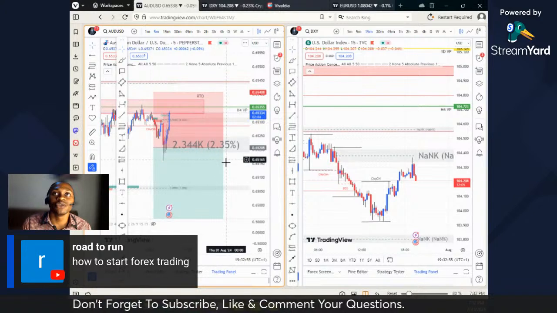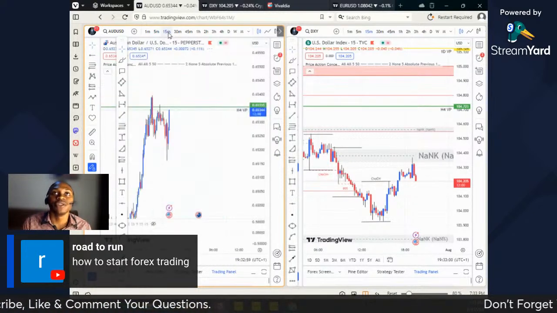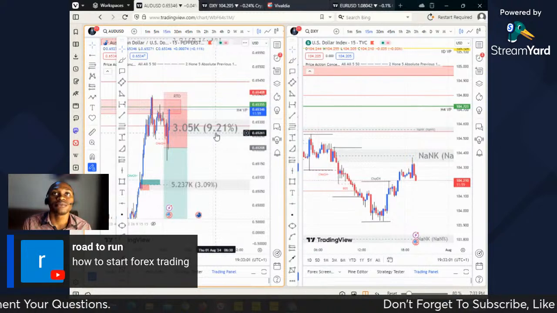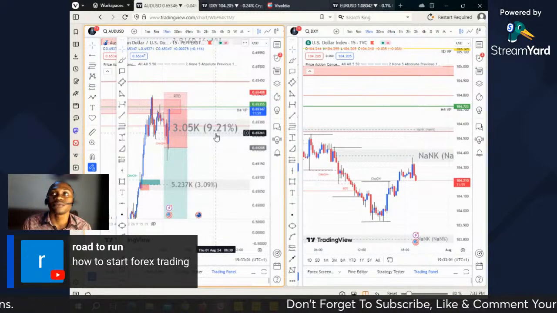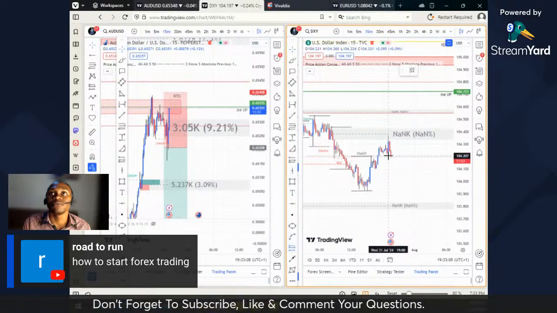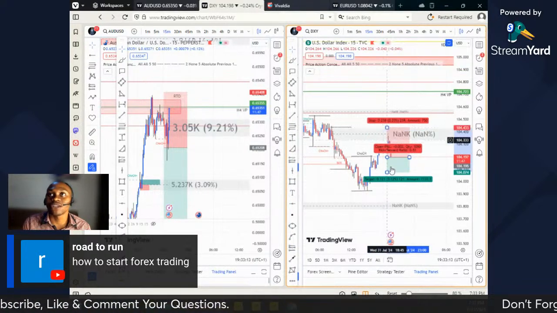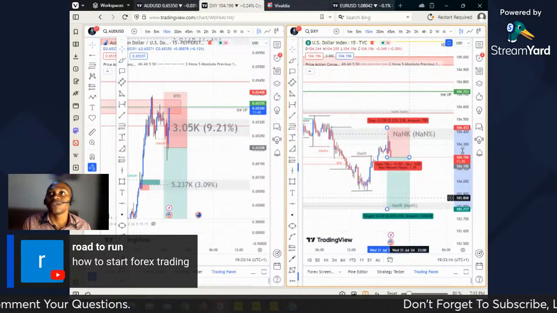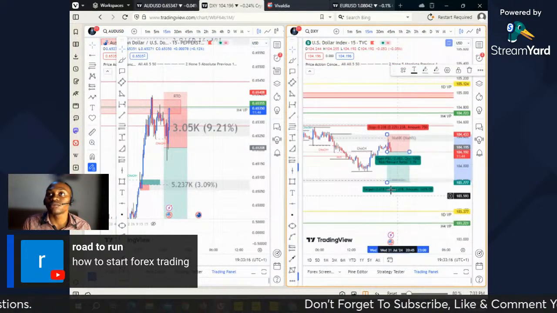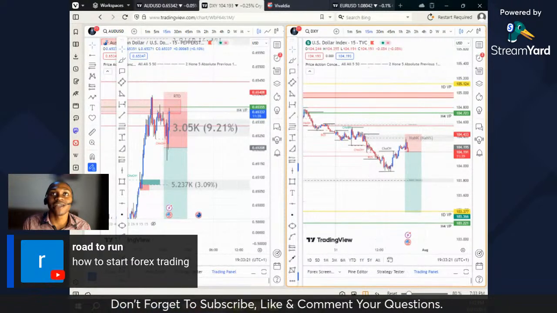If this closes as a change of character, we are likely going to close that AUD trade. I see the dollar is trying to lose some strength and wants to start dropping from this area. If that happens, that means we have to change our direction and our bias.